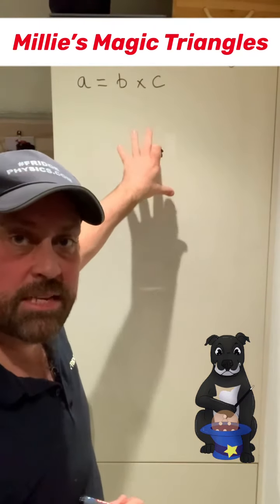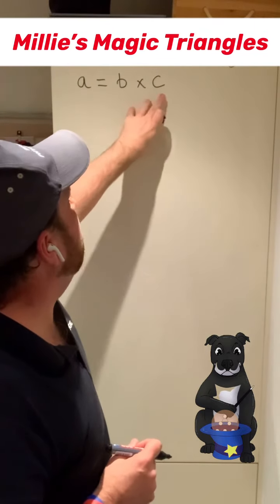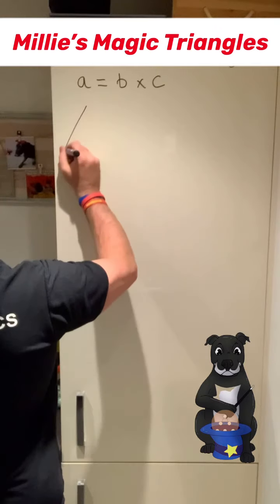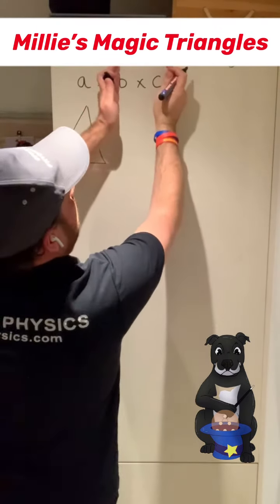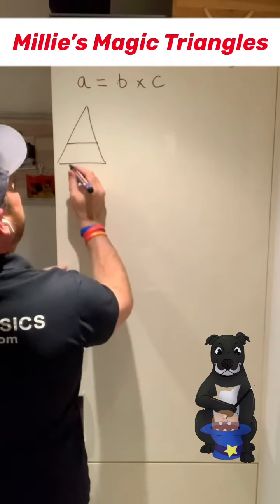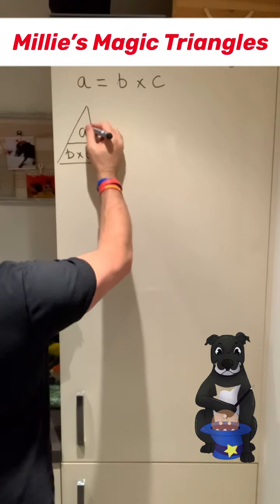To put this into a magic triangle, you draw your triangle, and the larger section, B times C, goes on the bottom. You're left with A, which goes on the top.